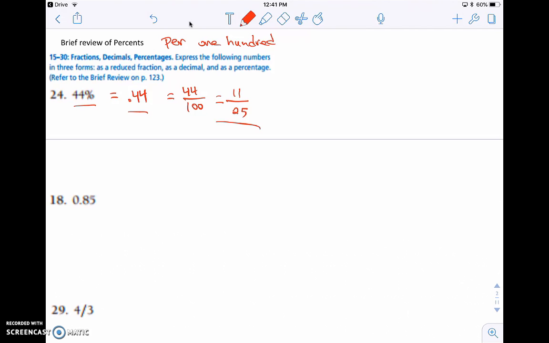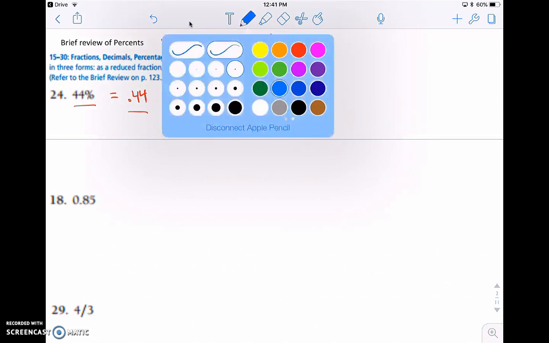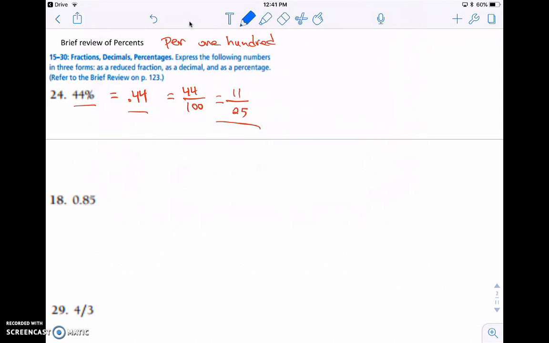Remembering that percents are per 100 is really helpful, and moving the decimal place a couple places to the left or right, depending on what you're given, will help you make those adjustments.